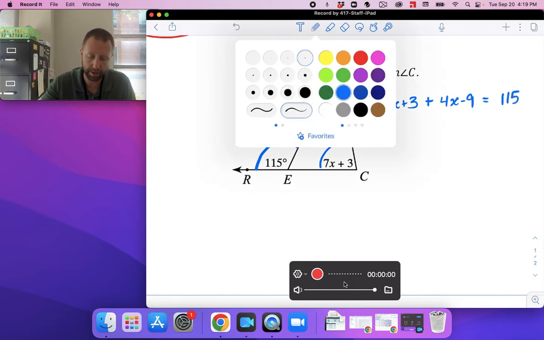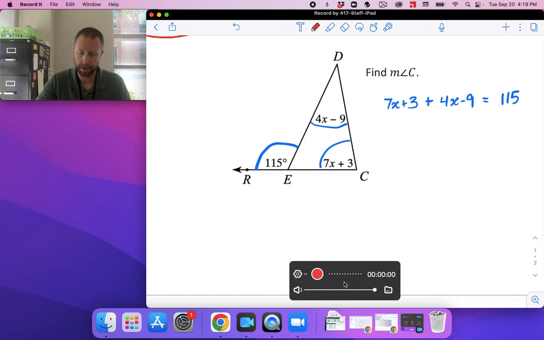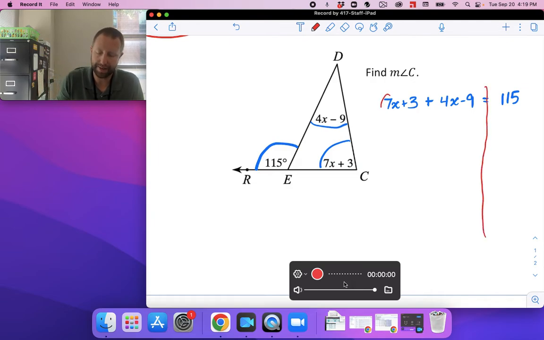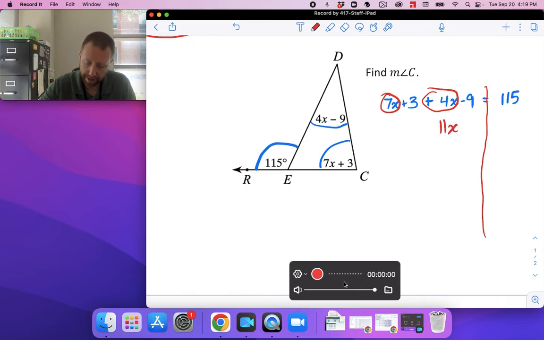Okay, so same deal. Let's change colors here. I'm going to draw this line. I see I have a 7x plus 4x. So 7 plus 4 is 11. Gives me 11x. And then I have this plus 3 minus 9. So positive 3 minus 9 is actually negative 6.